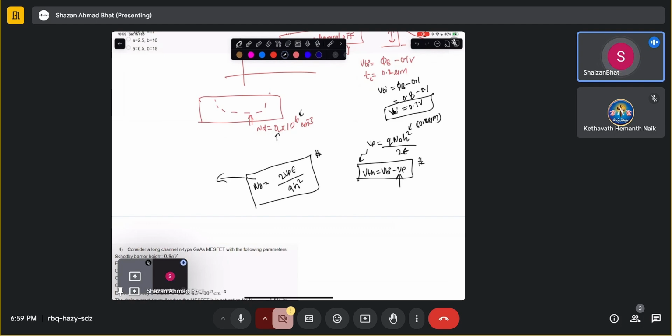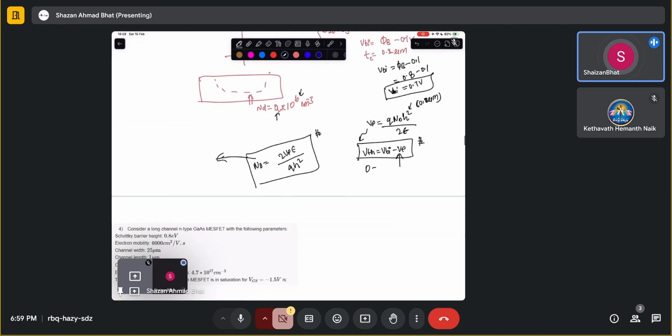And when you solve this particular thing, you just have to do some calculation. Maybe let me check whether I have done the calculation correctly or not. What is the answer we get after calculating? Yes. So VT is 0, VBI minus VP.